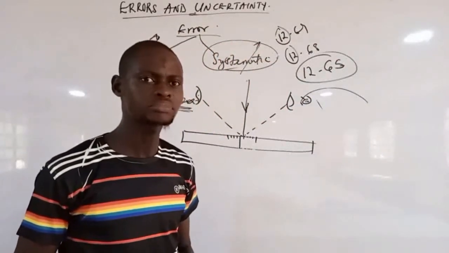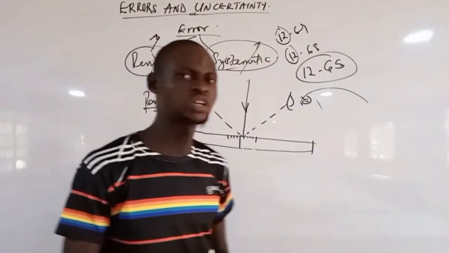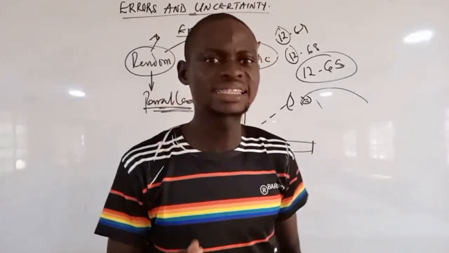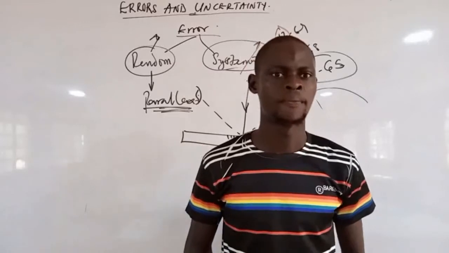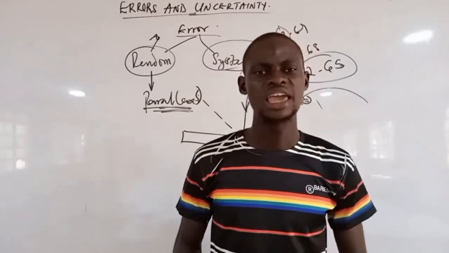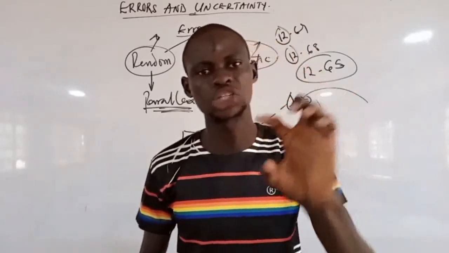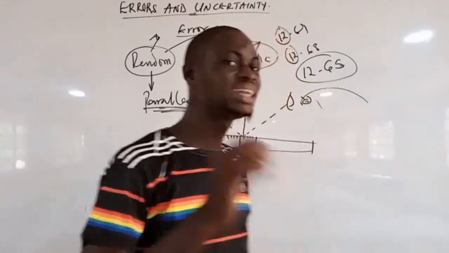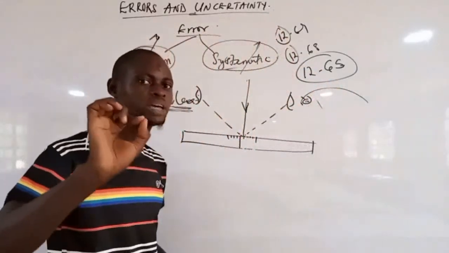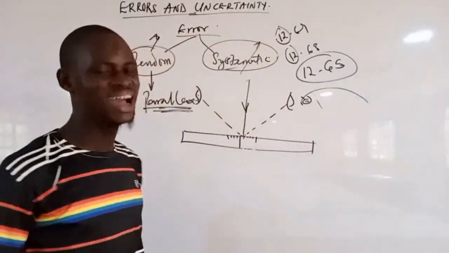Are we together? Now, every measuring instrument has its own accuracy. What is accuracy? Accuracy is the least graduation on that measuring instrument. The least graduation on that measuring instrument is what we call accuracy.